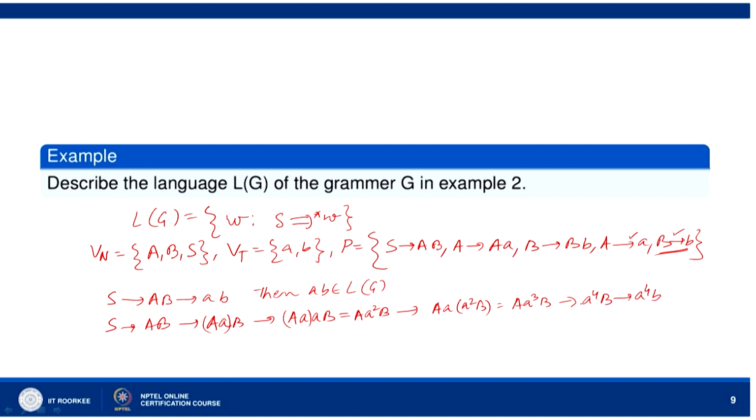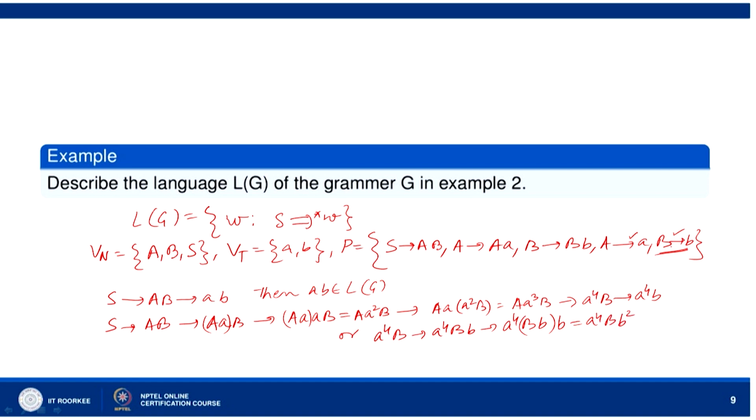Or I can also do a^4 B goes to a^4 bB, and if I replace B with b, I will have a^4 b square. Or what I can do, a^4 bbB, which will give me a^4 bb square.